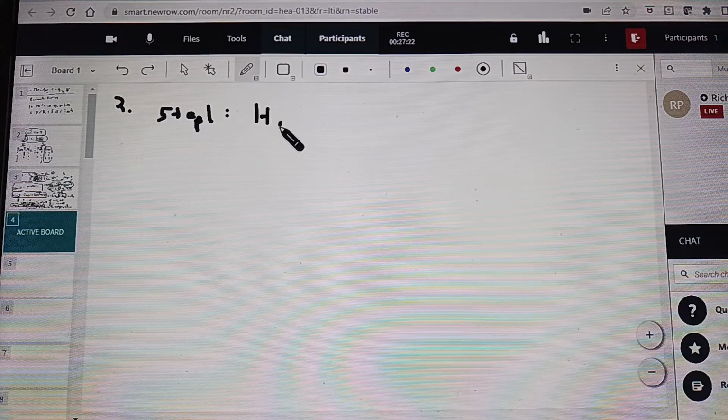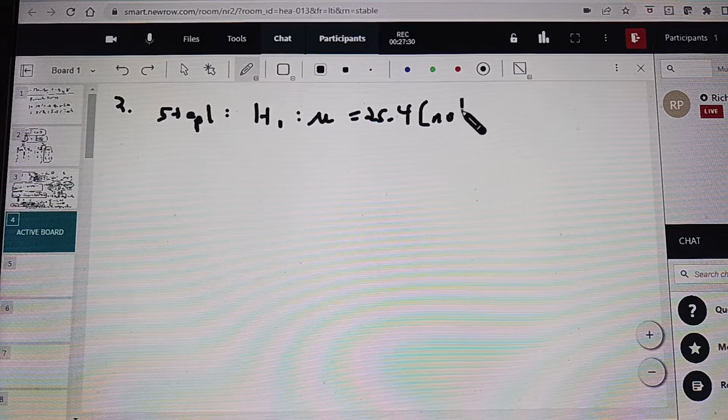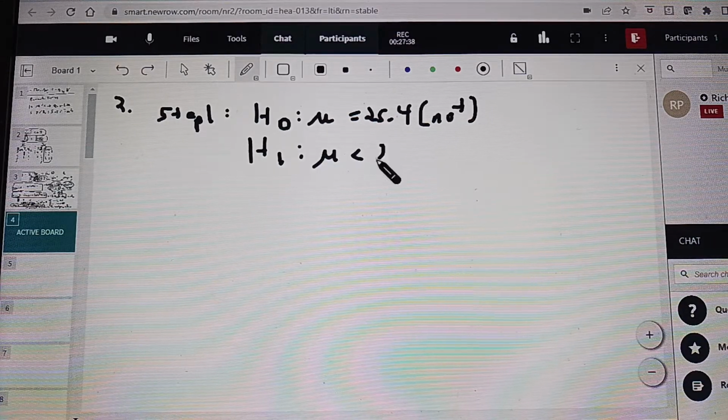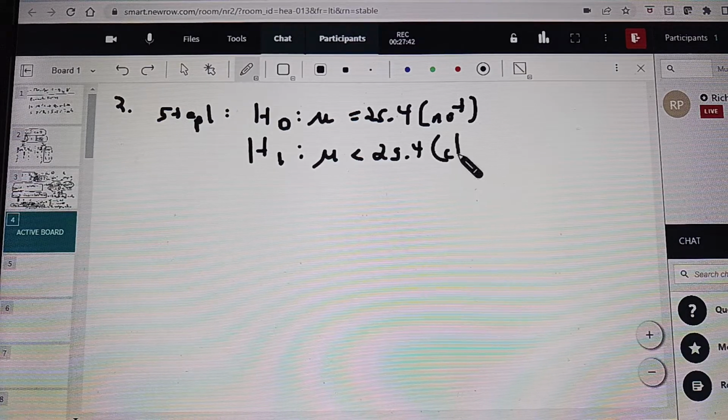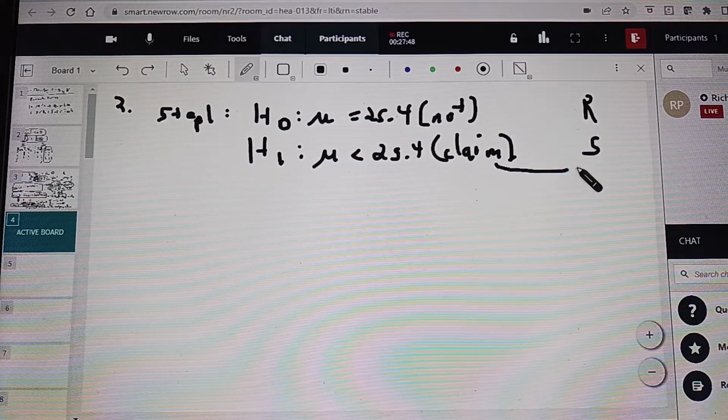The null was mu equal to 25.4. That's not the claim. The alternative, there we go, was less than for the second time in a row. And for the second time in a row, it was the claim too. We're going to try to support this claim at the end.